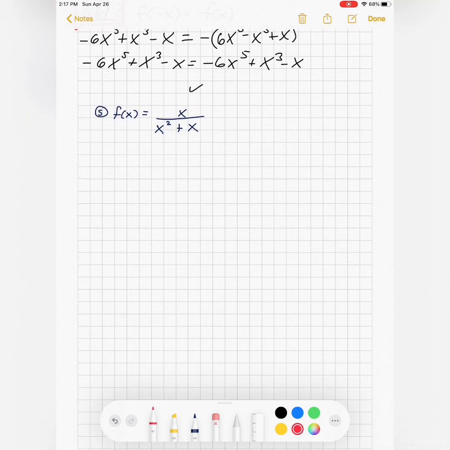Okay, and the last one. Okay, what is my f of negative x?